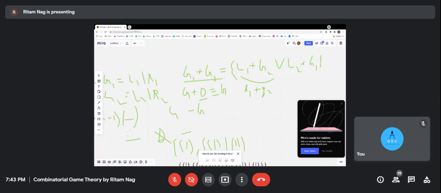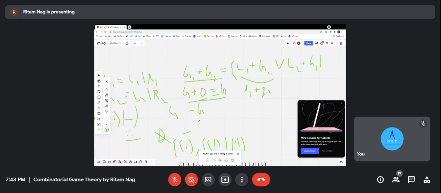So actually, I don't need to define equality, or do I? Yeah, I actually should define equality. So equality essentially means equivalence. So okay, no. This equality means exact formal equality.